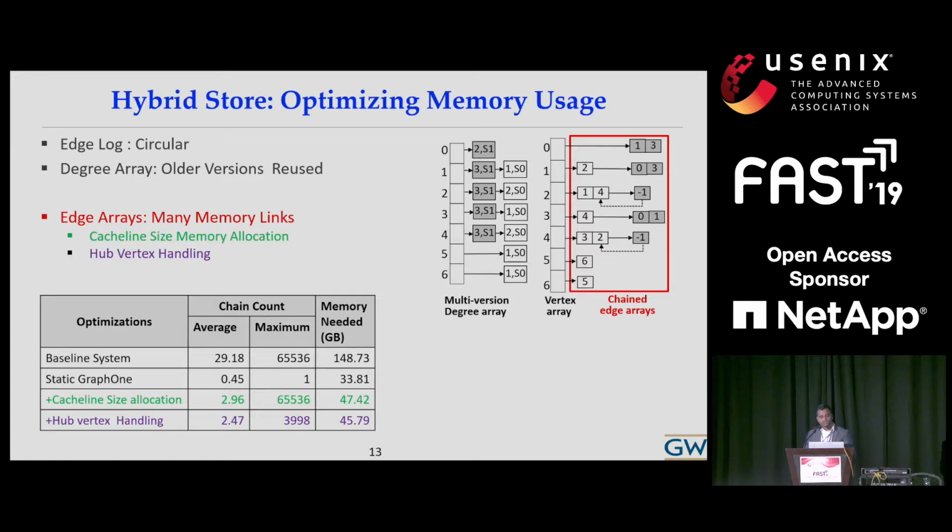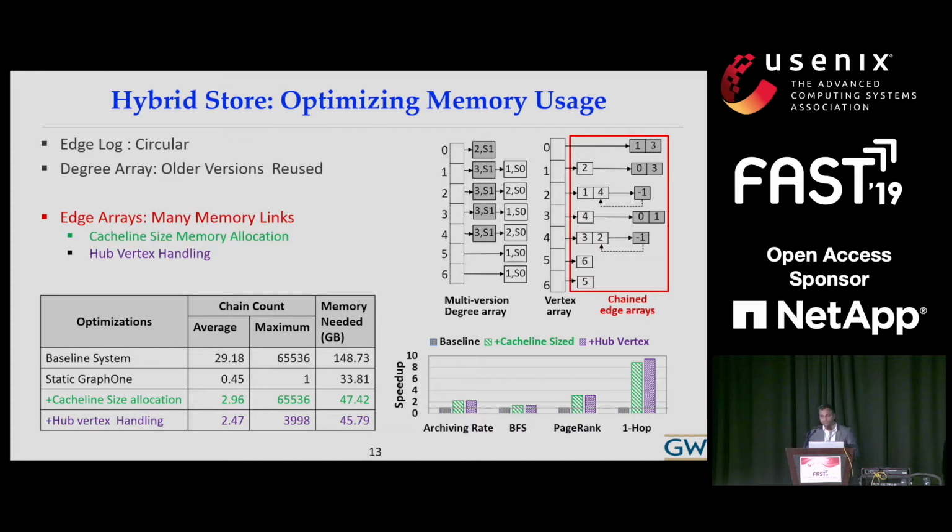And the average chain is just 2.47, which is really nice, we believe. This optimization is not only for reducing the memory, but it is also applicable to the archiving rate as well as certain analytics, because the memory is now aligned at cache lines. So all of these accesses are going to be very fast because cache coherency will not come into the picture at all.